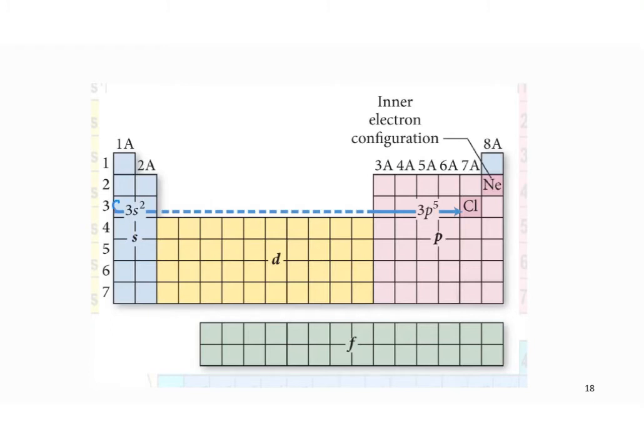So any of the elements in period 3 in their shorthand electron configuration will use neon. Once you get to energy level 4, though, the noble gas you would use at that point would be argon. So again, you go back to whatever noble gas is closest before the elements that you're writing a configuration for.